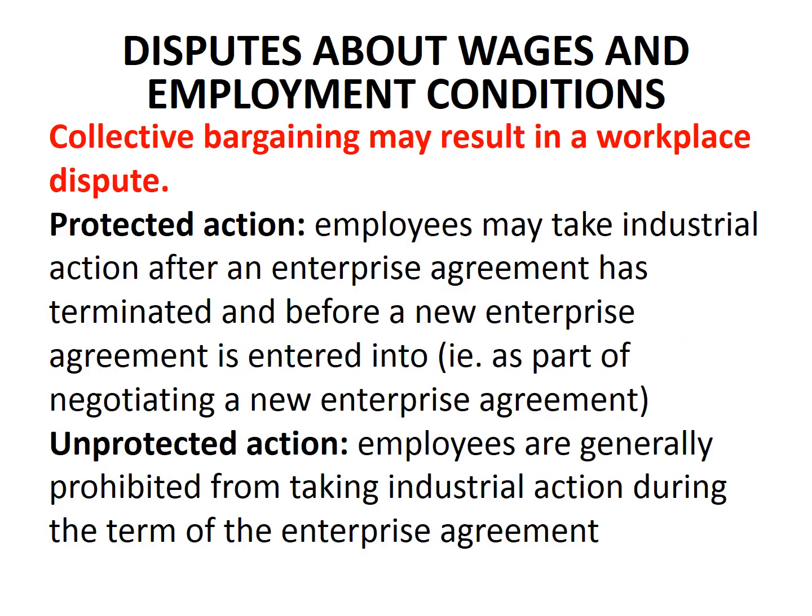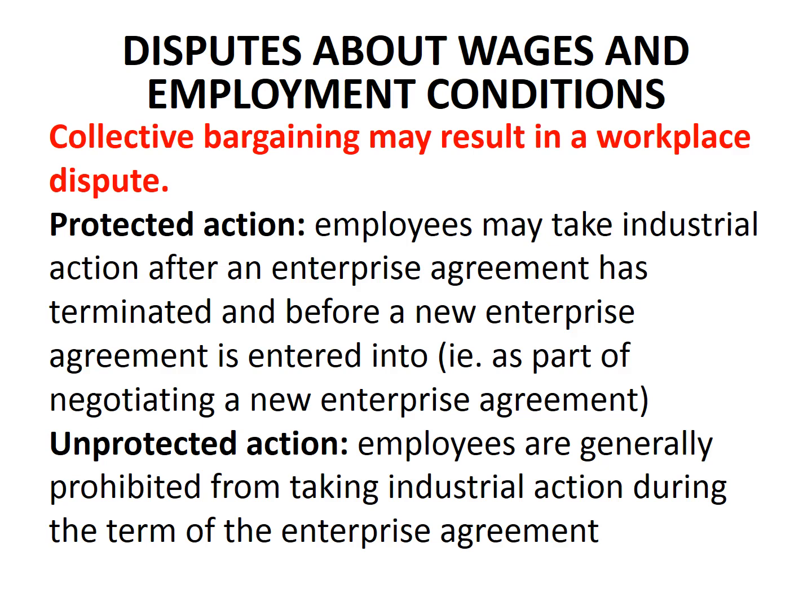Well, during the process of this collective bargaining, disputes may arise between employees and their employer about the wages and employment conditions that are to be included in the enterprise agreement that they're negotiating. In such a case, the employees are permitted to take industrial action such as strikes.